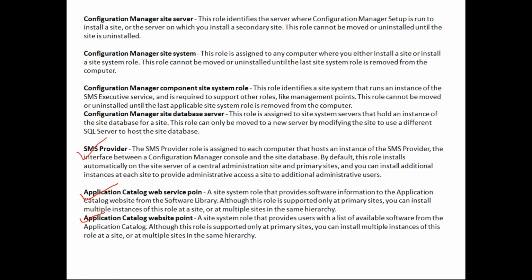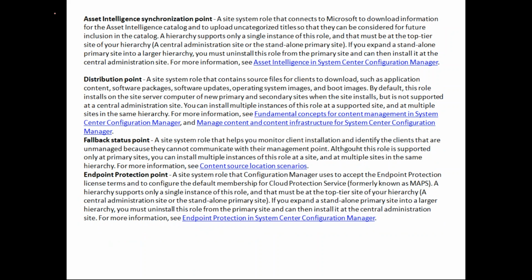Okay, so then you have asset intelligence synchronization point. What does it do? This does the categorization of applications. Also, it gives you the usage base, like how many people are using the application.